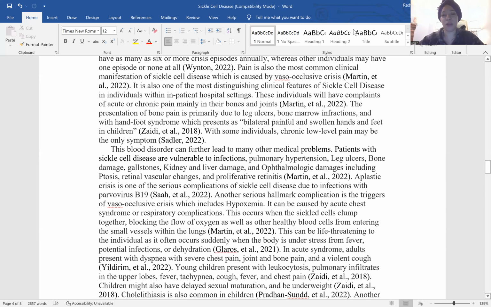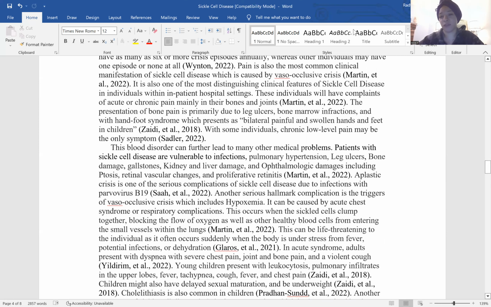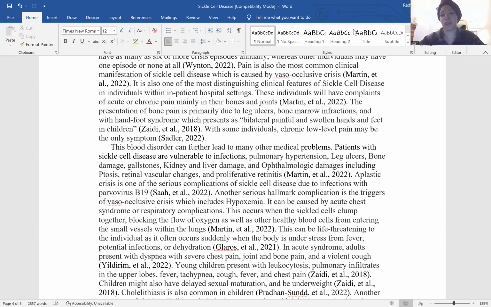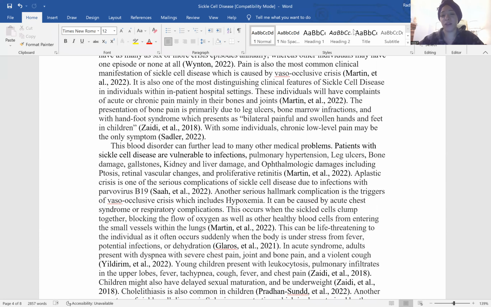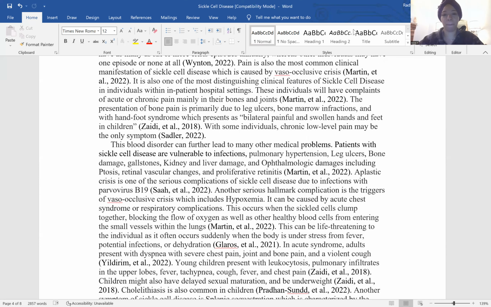Pain is also the most common clinical manifestation of sickle cell disease, where it is caused by vaso-occlusive crisis. It is one of the most distinguishing clinical features of sickle cell disease in individuals within inpatient hospital settings. These individuals will have complaints of acute and chronic pain, mainly in their bones and joints.